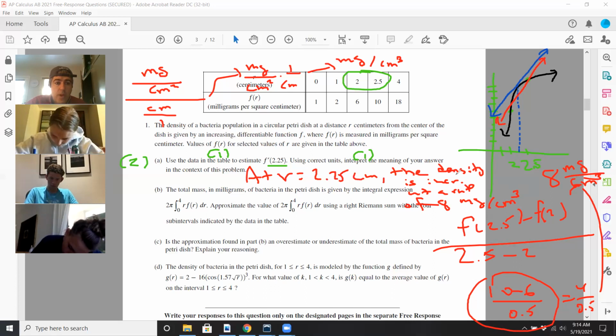Did I say what was changing? Absolutely, the density. Did I say where? Yeah, 2.25. Did I give the units? You bet.